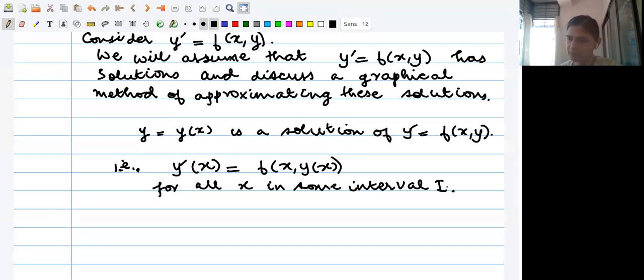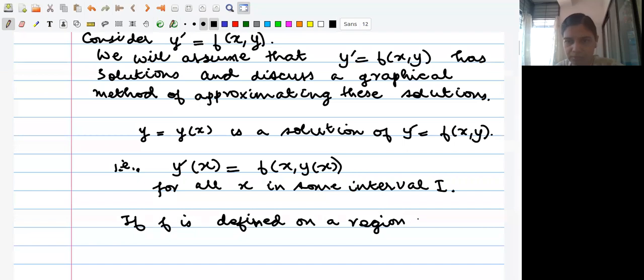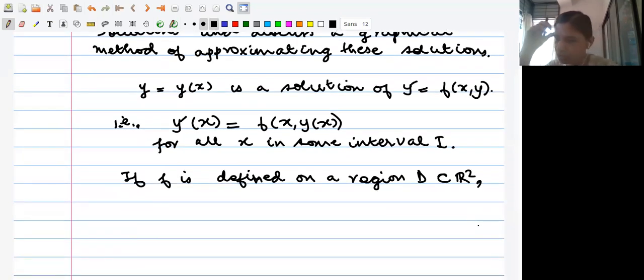Suppose that f is defined on a region D in R2. And this is a planar region, the domain of definition of f, right? Now, what do we do?